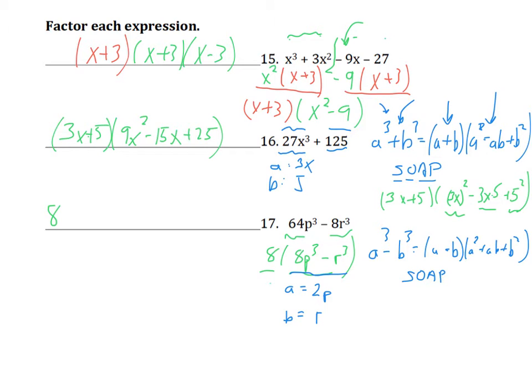Substituting those into the formula, we're going to get 2p minus r times 2p quantity squared plus 2p times r plus r squared. Writing the final answer, it's going to be 2p minus r. Now I'm going to square 2p, which gives me 4p squared, plus 2pr plus r squared.